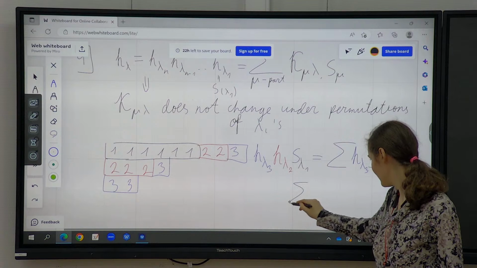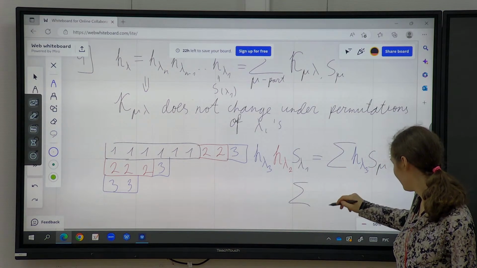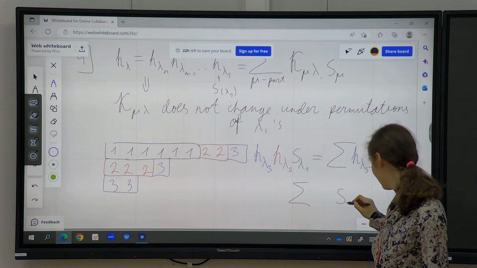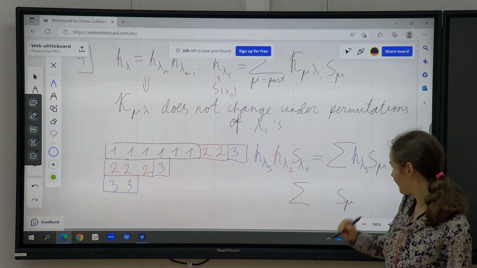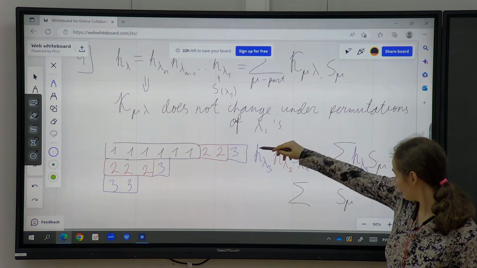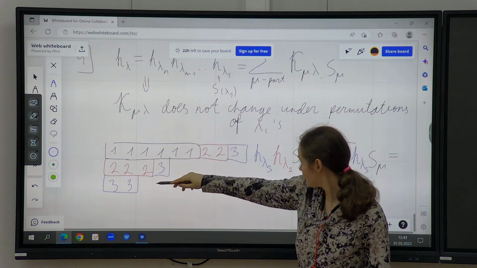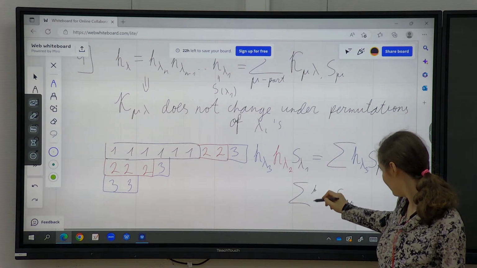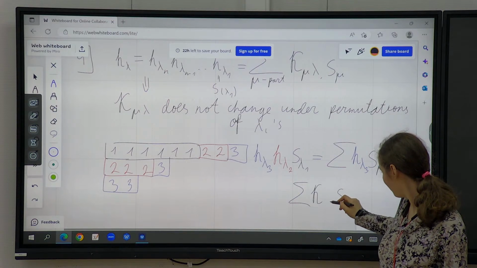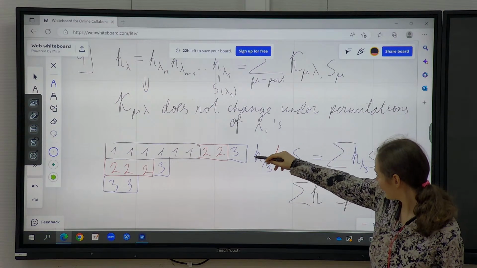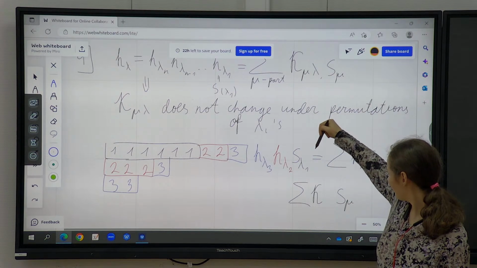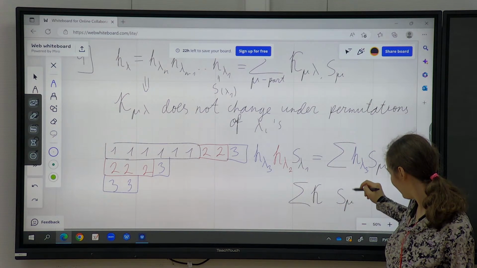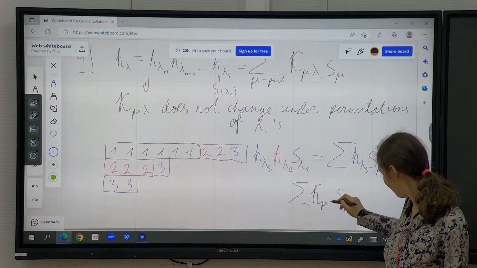So it will be a sum of s mu's, where mu's are indexed by these Young tableaux. And so in the end, we will have exactly a Young tableau of some shape and weight lambda. So the coefficient will be exactly K mu lambda.